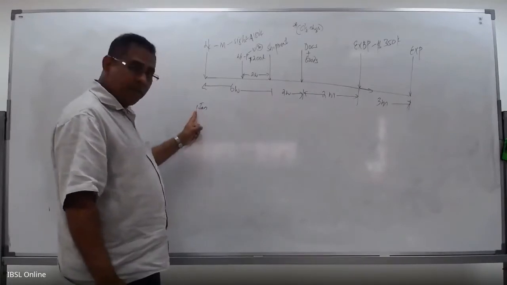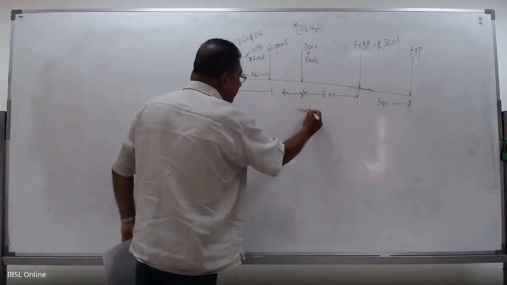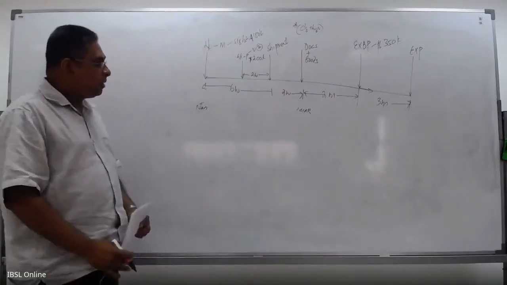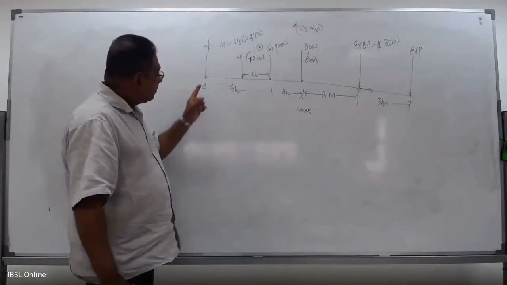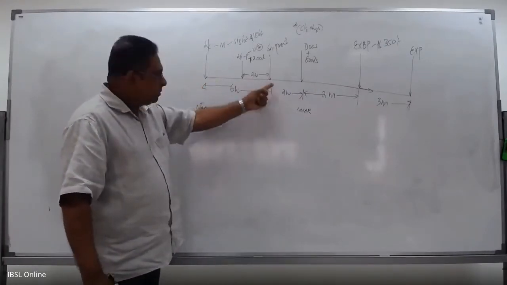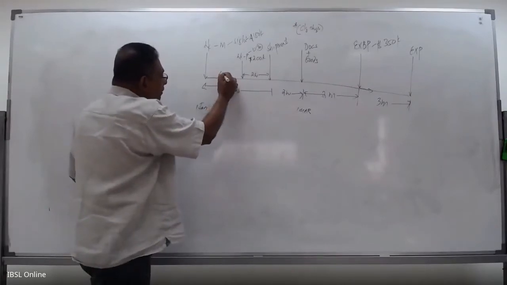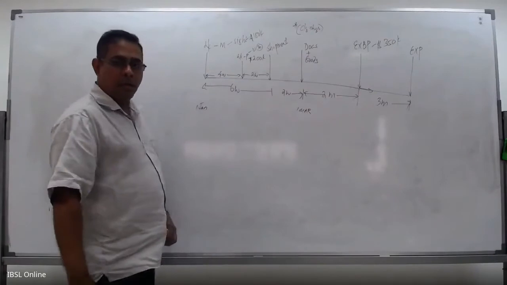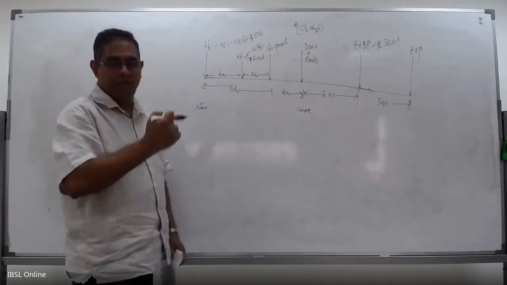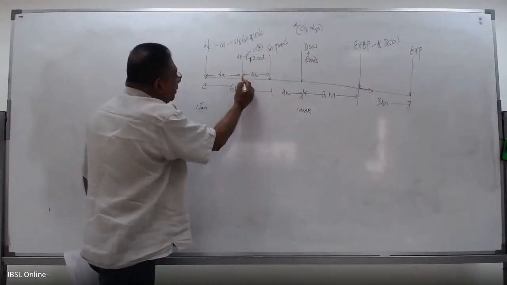So 2 months from January will be 1st March. So this is 1st March, right? So here now again, from here to here is 6 weeks, from here to here is 2 weeks. Therefore, this portion will be 4 weeks. So 4 weeks is a whole month. So if this is January, then here is February.